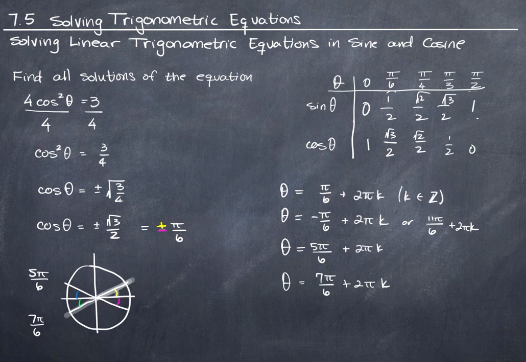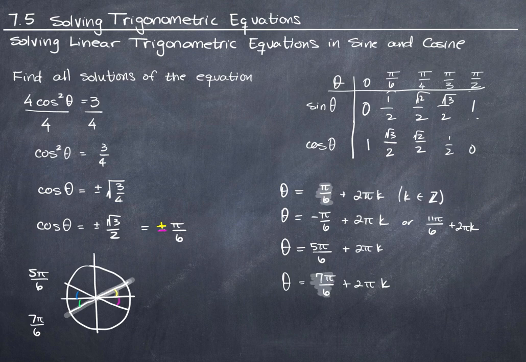So now I have a different way to think about writing this solution. The two solutions that I have here are pi over 6, which was this one right here, and the one that was a little bit bigger than pi, 7 pi over 6.